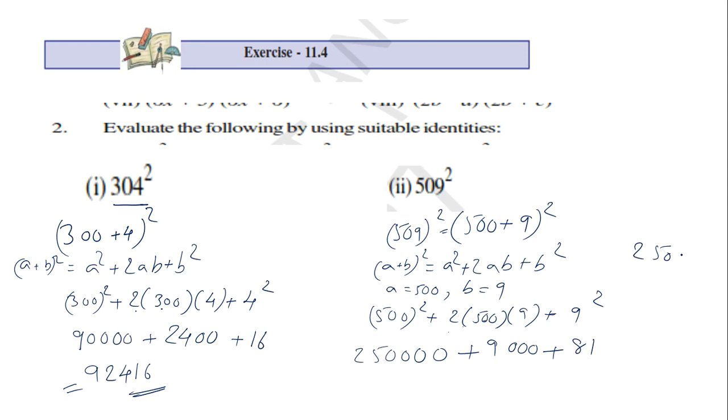Now add all these: 2,50,000 plus 9,000 plus 81. The answer is 2,59,081.